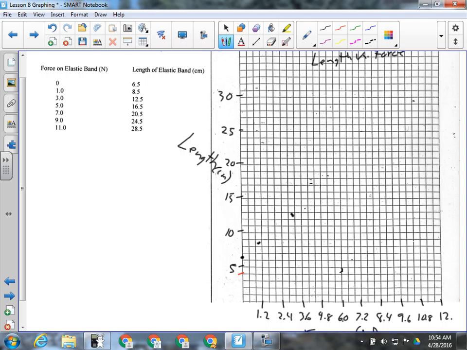Okay, 16.5 and 5. Okay, so 5 would be right about here, and 16.5 right there. Okay, 7 and 20.5, so 7 will be right here. 20.5 will be right about there. 24.5 and 9.